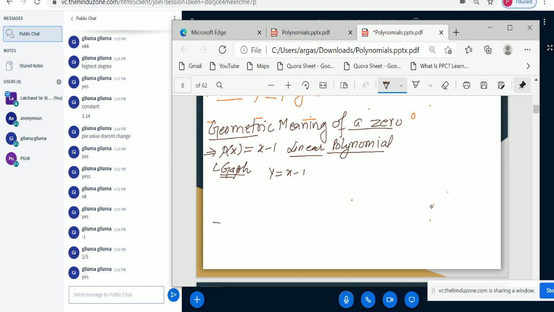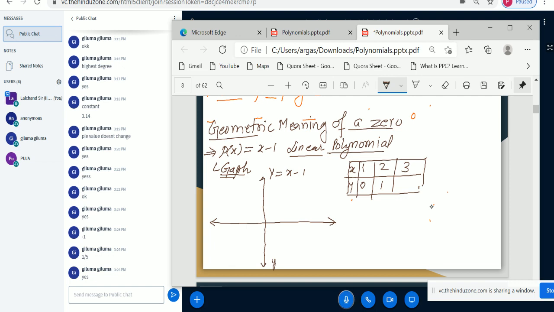So this is our x-axis and this is our y-axis. I am just trying to find some points to draw this plot. If I put x equal to 1, then the value of y is 0. If I put x equal to 2, then y is 1. If I put x equal to 3, then y is 2.